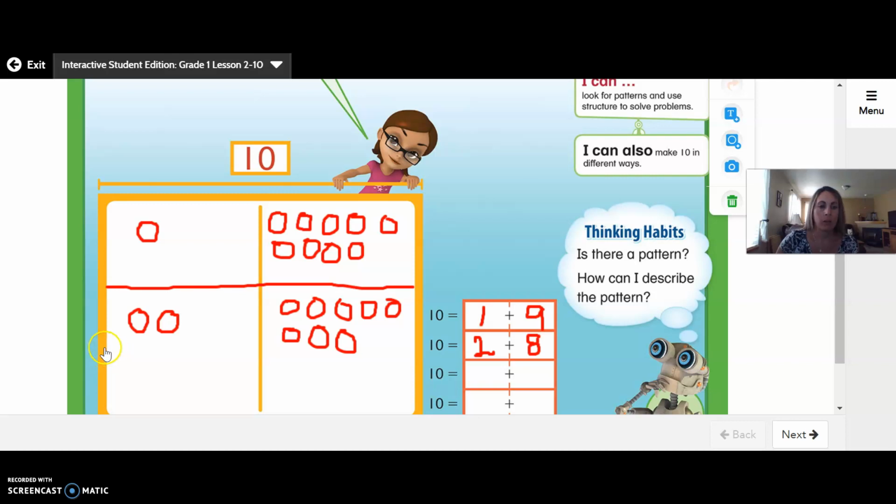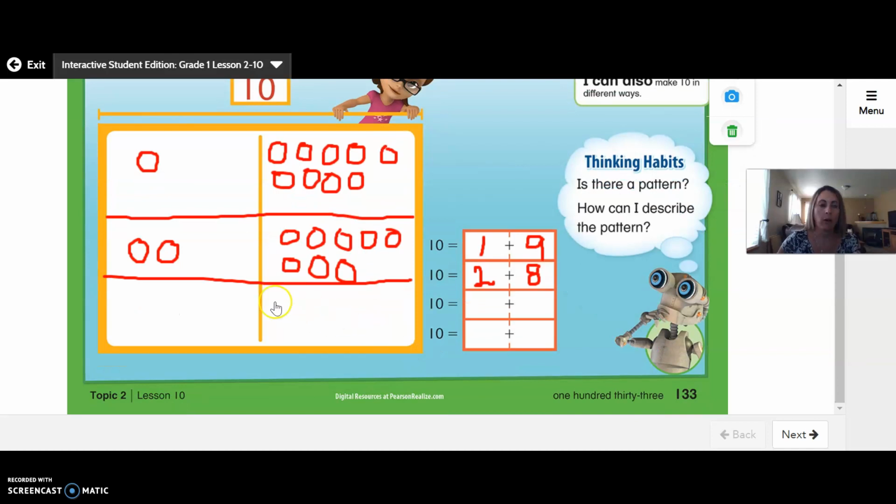I'm going to draw another model, another way. What if I were to put 3 counters on this side? What would happen? Again, I'm always starting with 10 because that's what the problem said, to use 10. So here's 3, and I'm going to count on to find out how many counters would fit on this part.